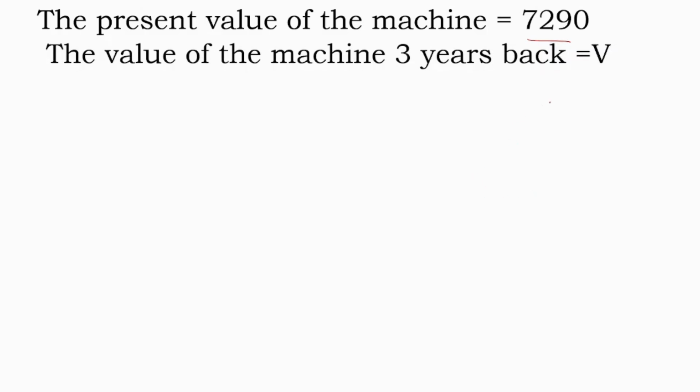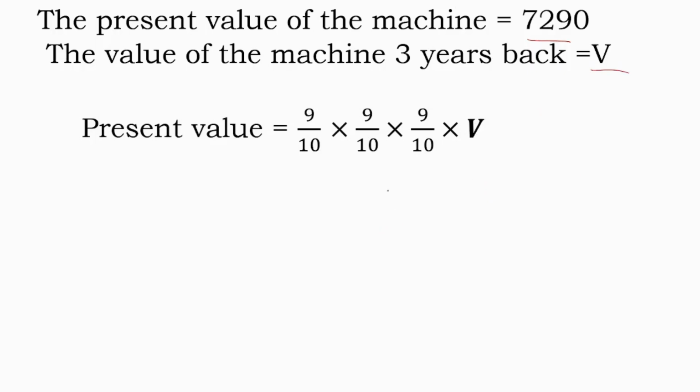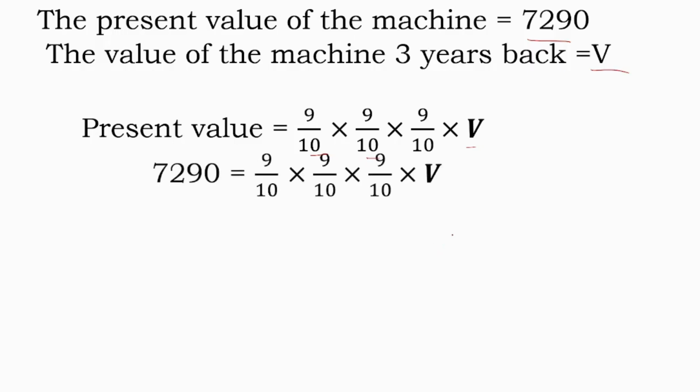Let us consider the value of the machine 3 years back to be V. After the end of the first year it becomes 9 by 10, the second year 9 by 10, and the third year 9 by 10. So the product of these becomes the present value: 7,290 equals 9 by 10 into 9 by 10 into 9 by 10 into V.